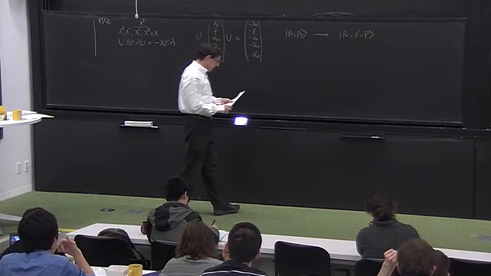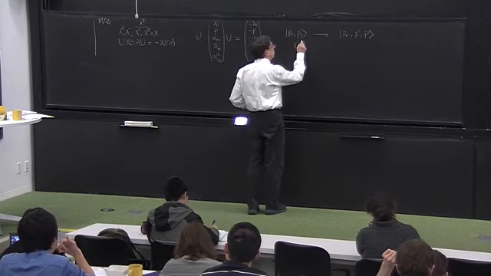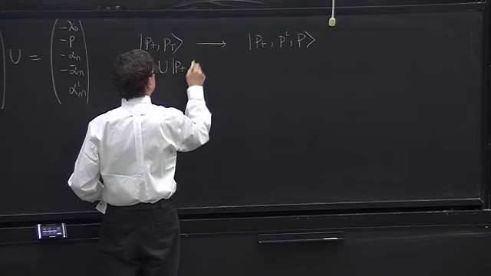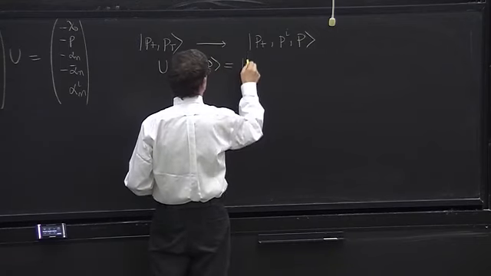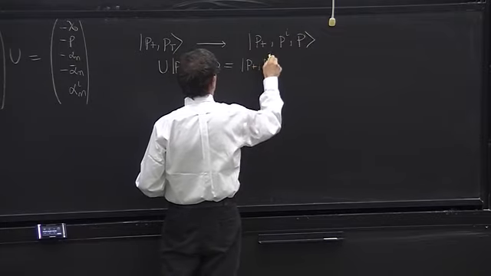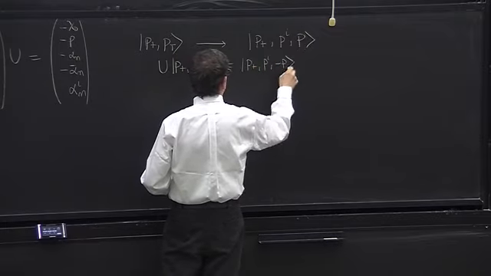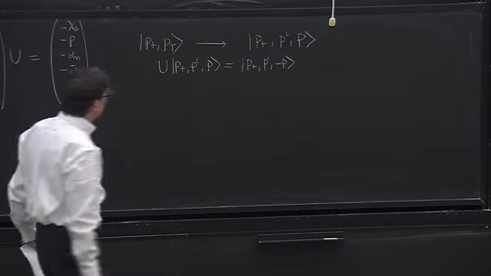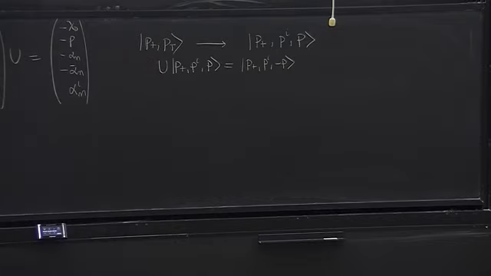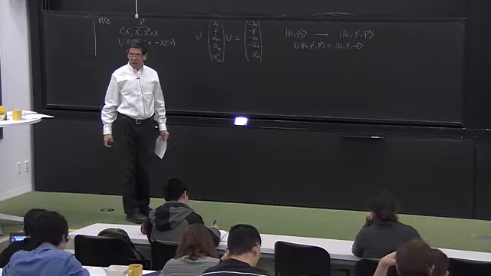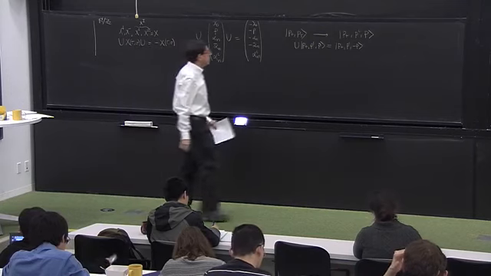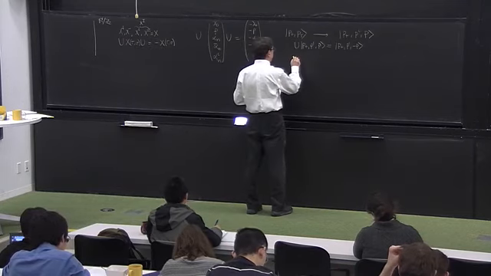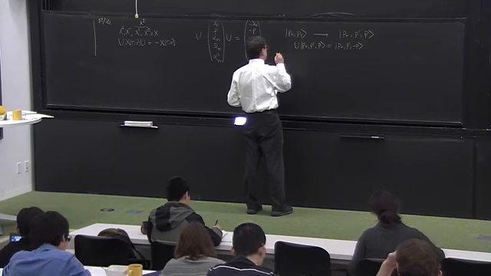So we can say that the U operator on P plus, P i, P is equal to P plus, P i, minus P. And you would say, okay, so what are my ground states? They should be left invariant under the orbifold action. So my real ground states, you would say, should be true ground states.